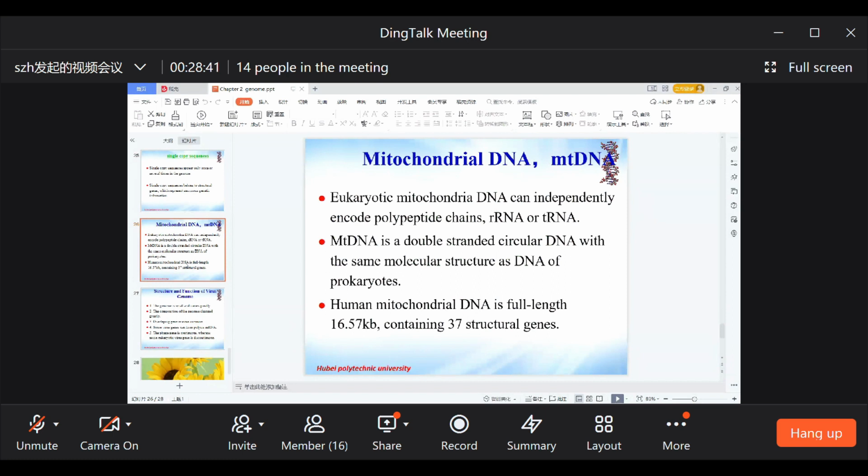So many scientists think the mitochondria come from prokaryotic organisms through evolution. Human mitochondrial DNA is full length 16.57 kb, containing 37 structure genes.